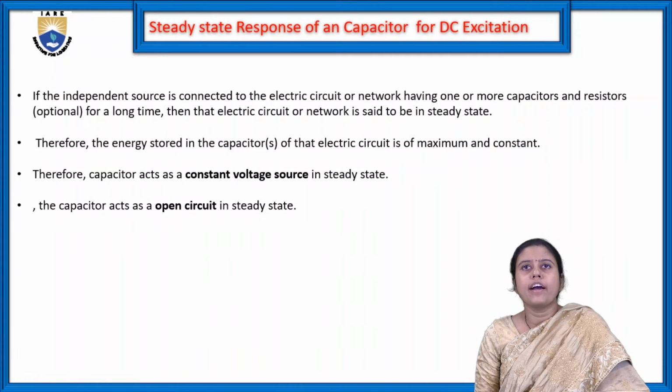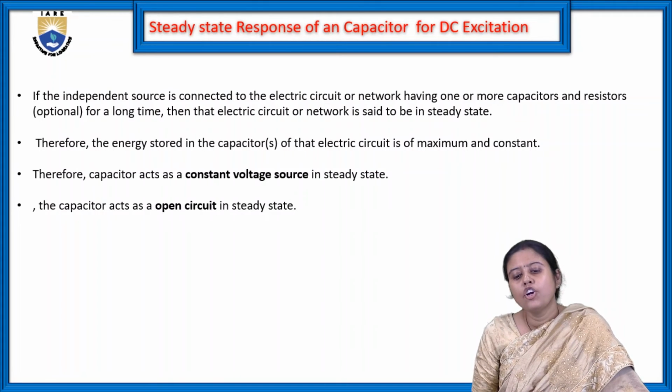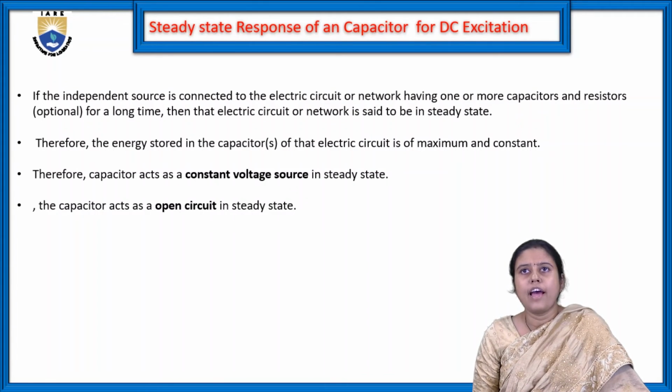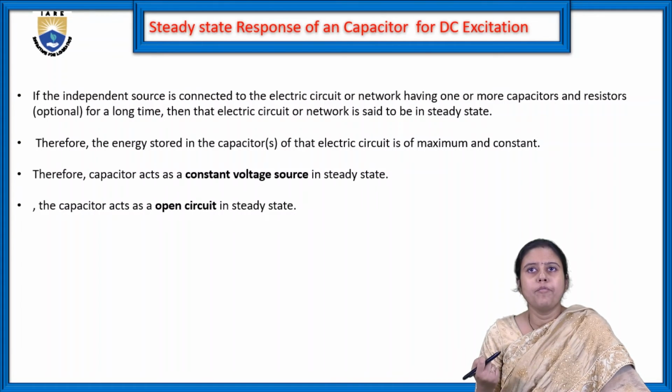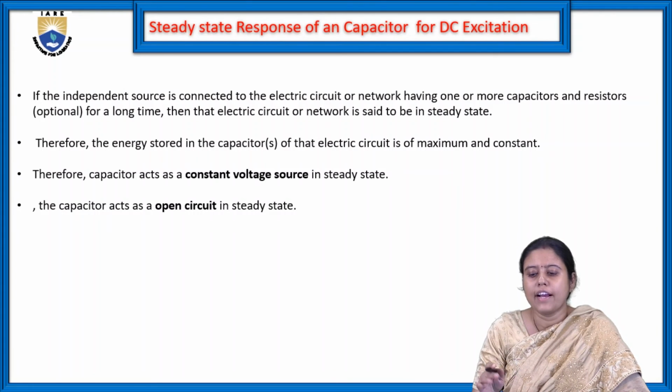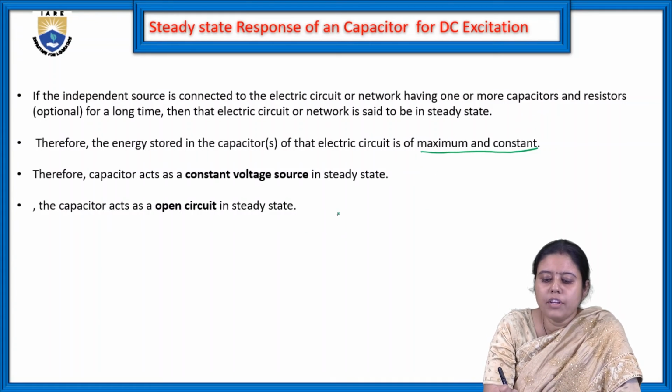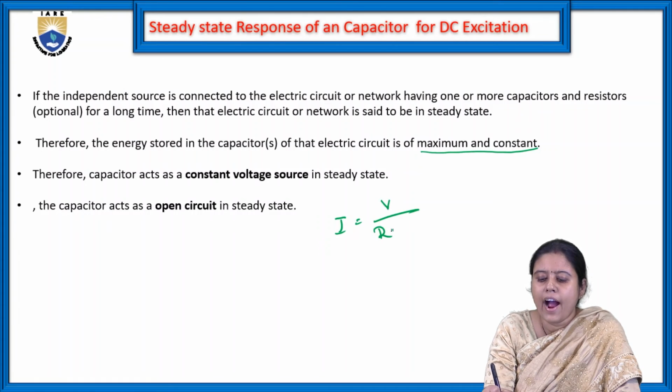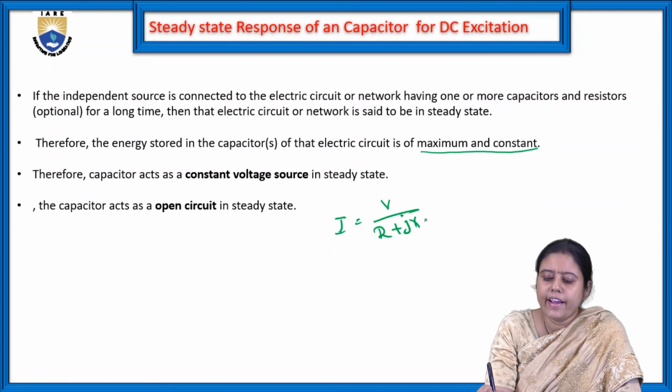What will happen for a capacitor? If the independent source is connected to an electrical circuit having one or more capacitors, it will reach a steady state. The energy stored in the capacitor will be the maximum, and as we know, the current will be voltage by R plus jXC.